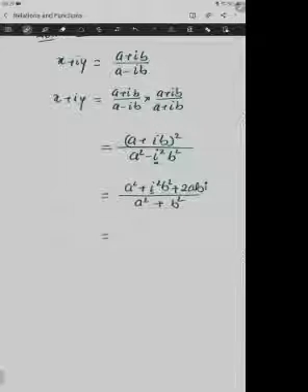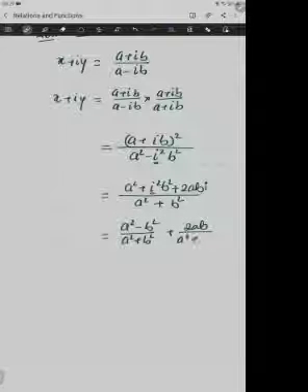I square over here also I'm putting minus 1: a square minus b square upon a square plus b square plus 2ab upon a square plus b square i. I've taken separate real and imaginary parts.